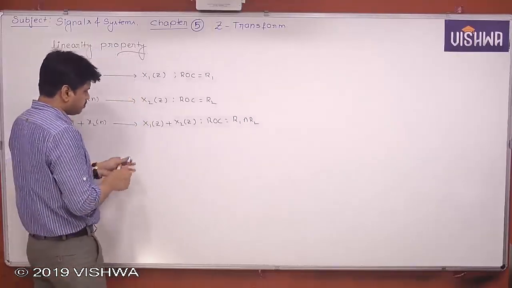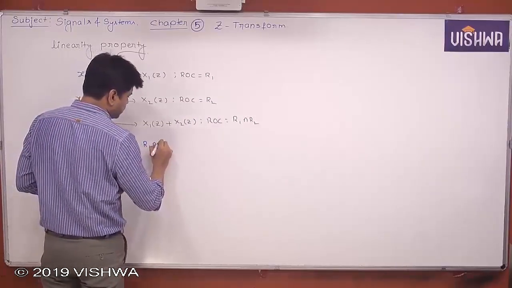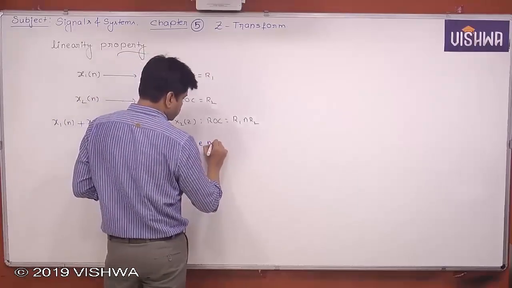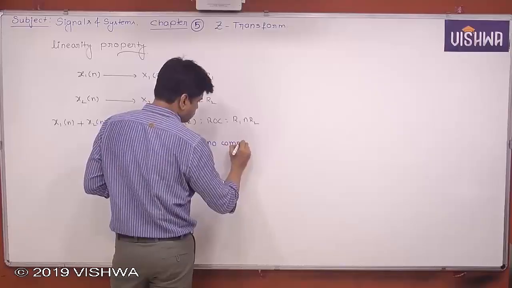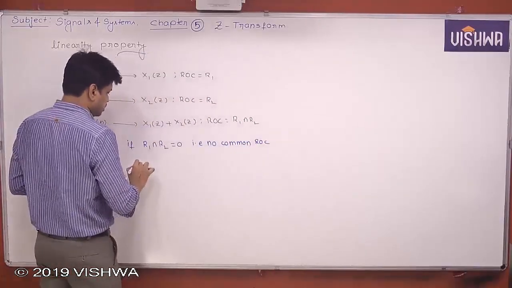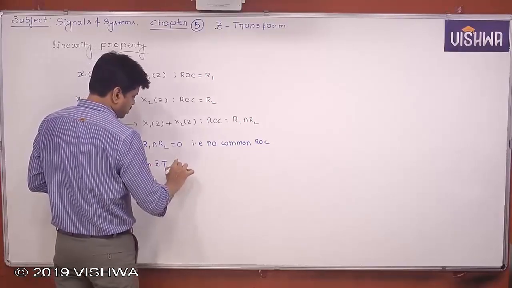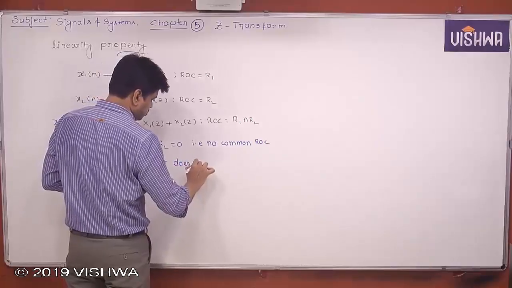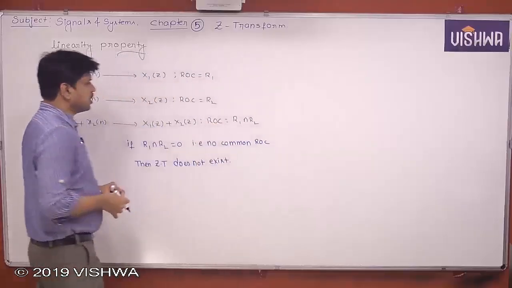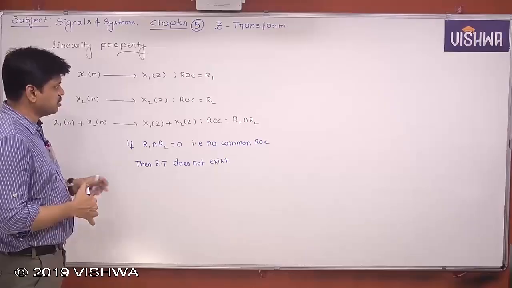So if R1 intersection R2 is equal to 0, that is no common ROC, that implies the Z-transform does not exist. So we will never talk about the Z-transform if it does not have the common ROC. Clear or not?